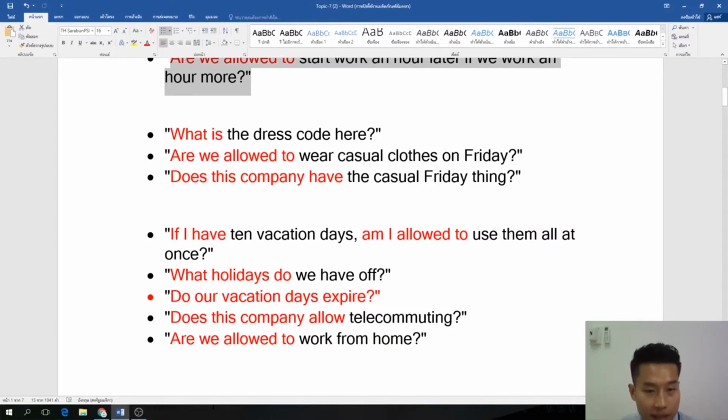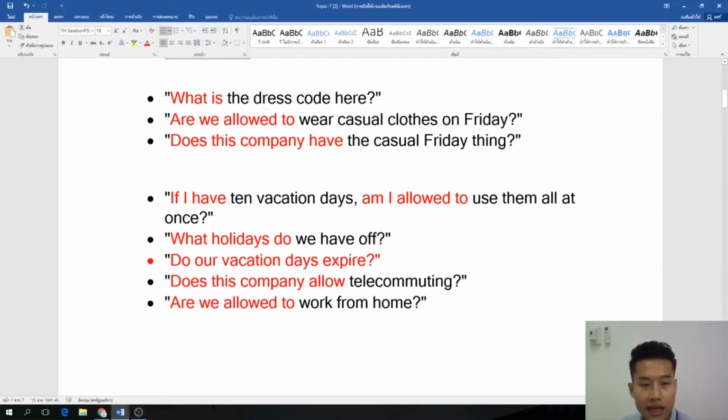And it means the company has a casual Friday. Does this company have casual Friday? Casual means a relaxed day. You can wear whatever you want. This is casual. Okay, but you have to follow the company policy, right?